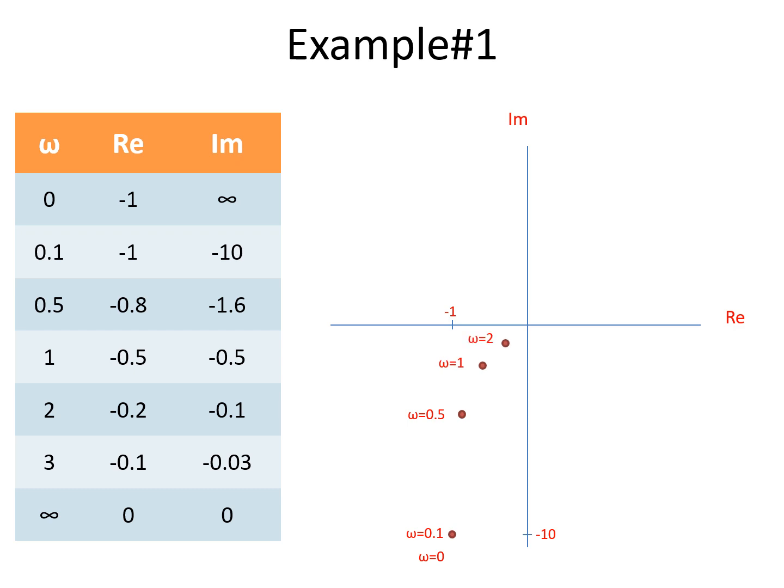This is the value for omega equal to 2, omega equal to 3, and omega equal to infinity is 0. So when you join all these points, you are going to get a plot like this. This is the polar plot for the given transfer function.